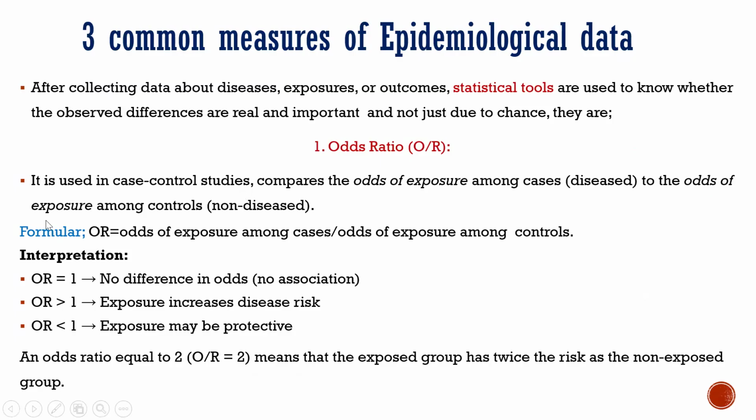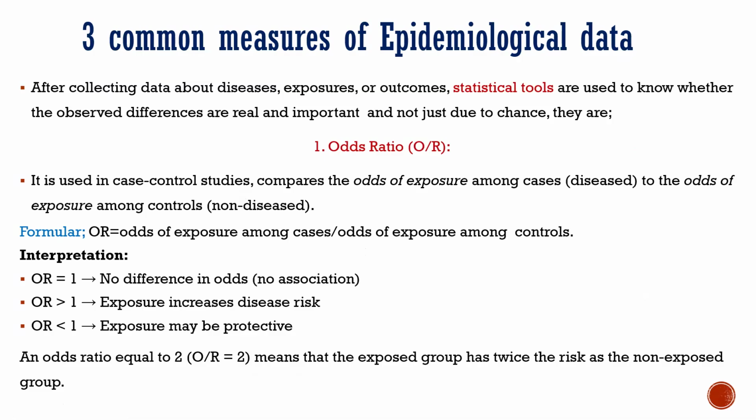So there's a formula for finding an odds ratio. Odds ratio is equal to odds of exposure among cases over odds of exposure among controls. So these cases are already the ones that have the disease of interest that you want to study.